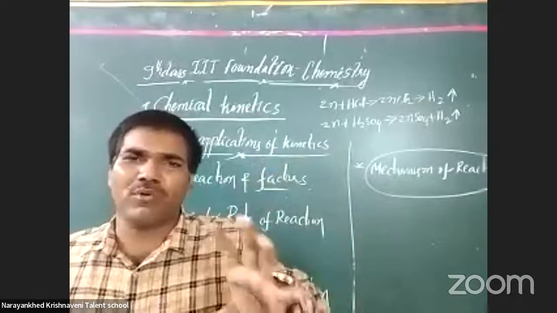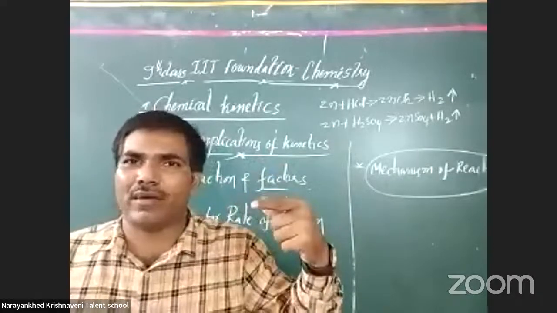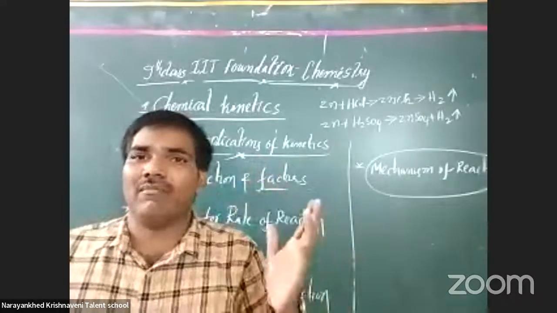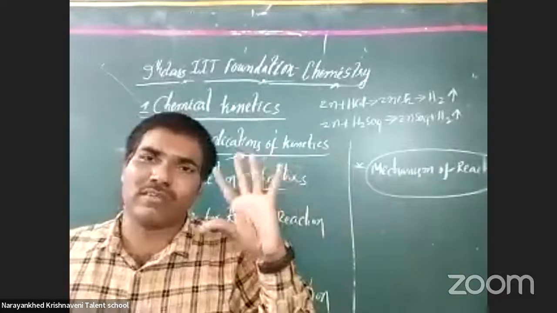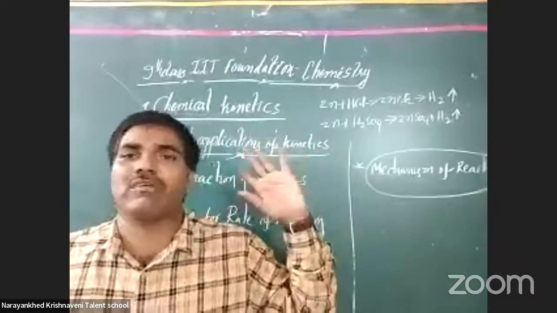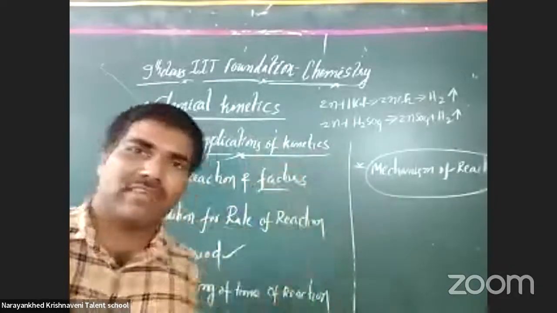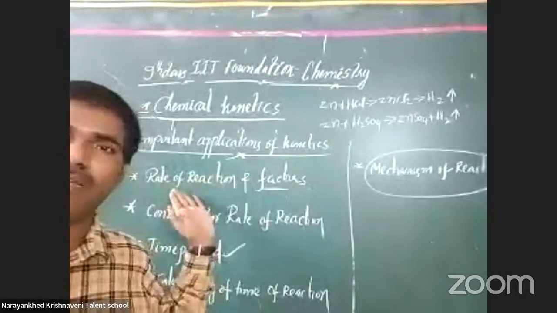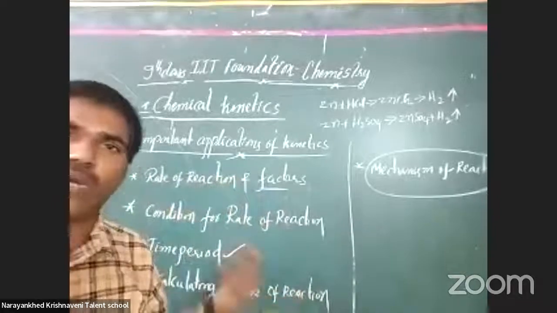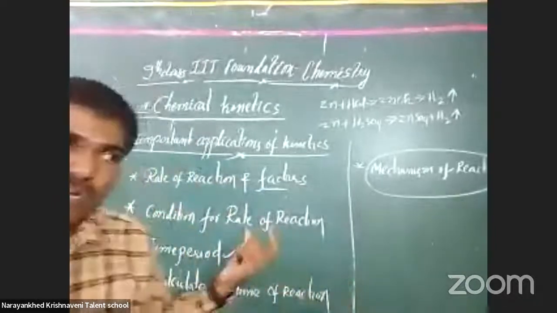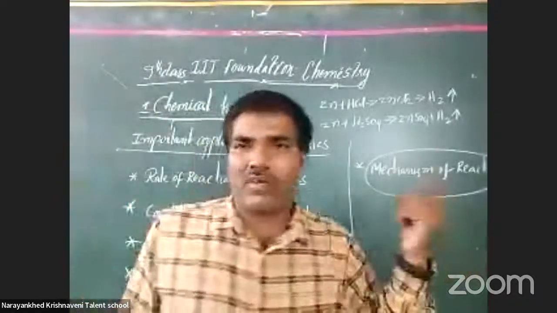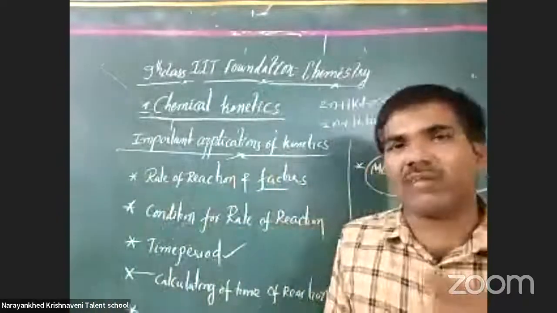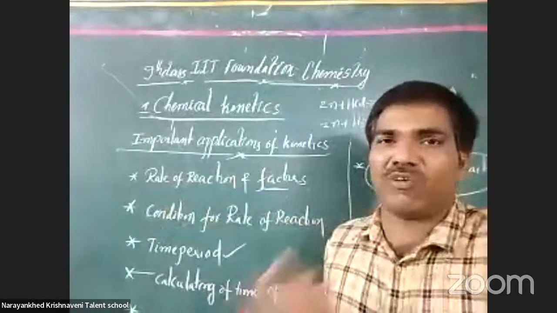Wherever you go, time plays a main role here. But not only are we going to discuss time, we are also going to discuss all these factors. Why was that much time taken? Why was that much time not taken? Why is it completely slow? Why is it a fast reaction? What is the main factor involved in the completion of a fast reaction?